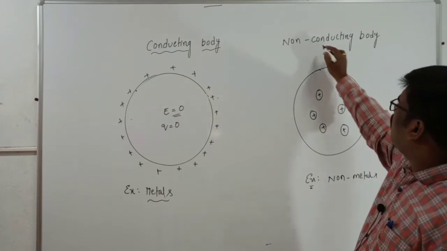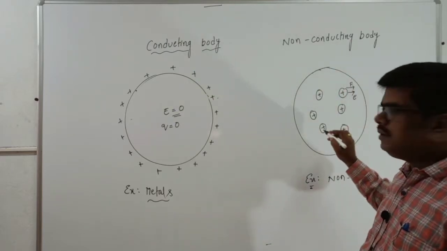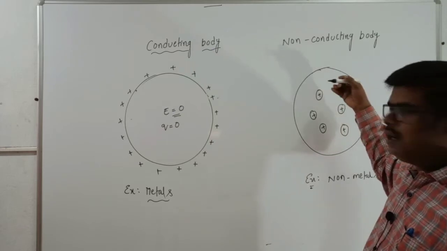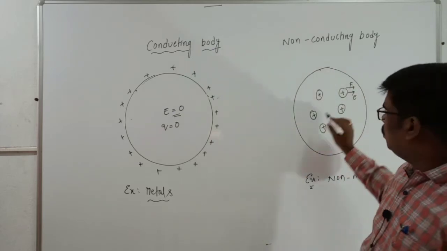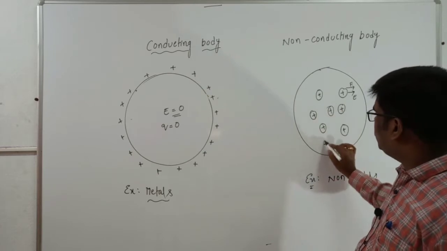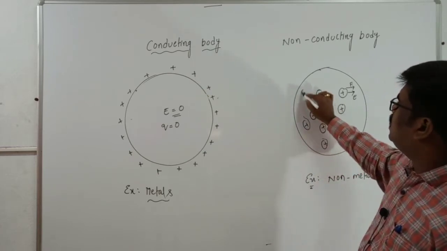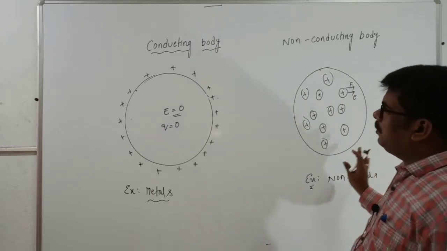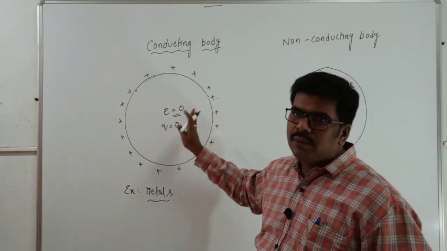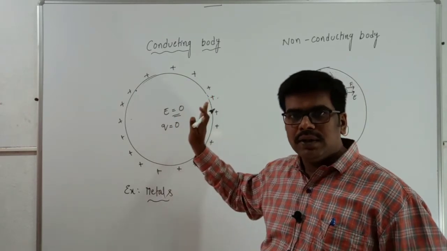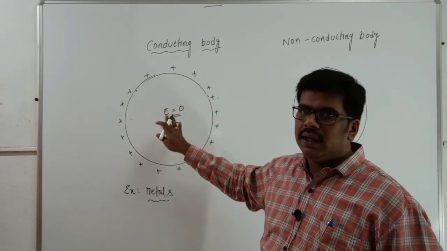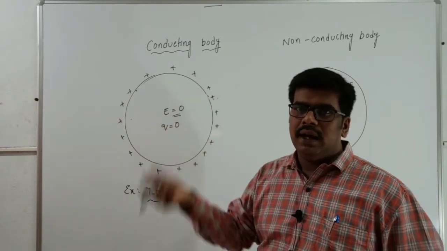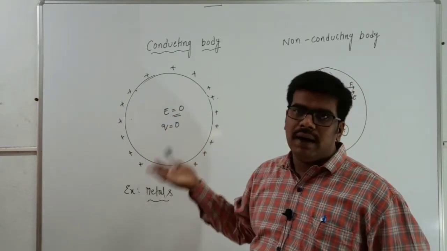In the case of non-conducting bodies, the charge will reside inside as well as on the surface. Throughout the body the charge is distributed. But in a conducting body, charges move freely. They start moving when an electric field is present inside, and then it is not valid for electrostatics.